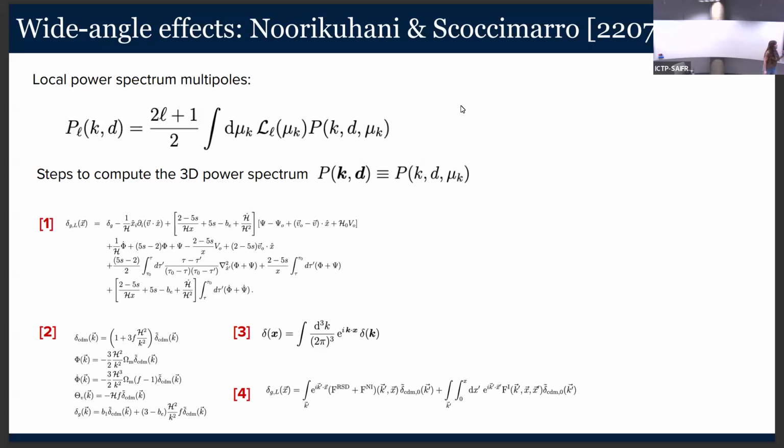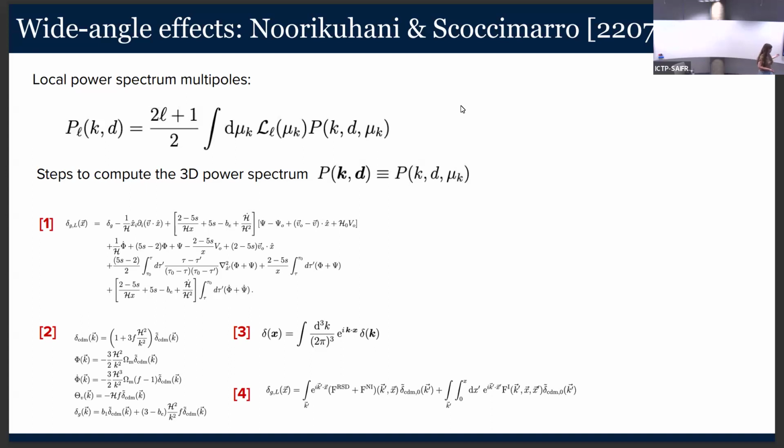In this paper, they also include a lot of projection effects, such as gravitational redshift and lensing. You then know how to compute these quantities in Fourier space, such that you obtain your field in configuration space from your theory in Fourier space.